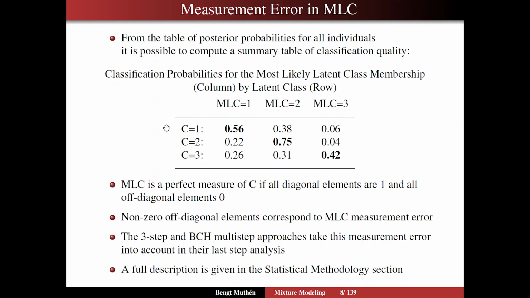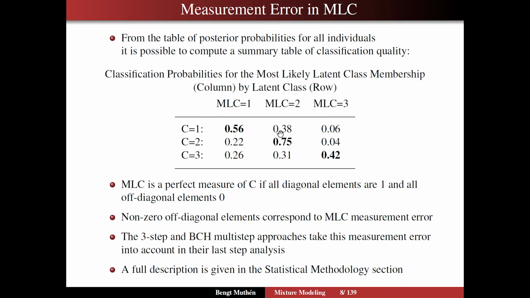So let's take a look at an individual whose true class membership is 1. The probability for the most likely class variable being observed as 1 is 0.56. It is not 1.0 as we would want it to be. It's not perfect correspondence between the two variables.